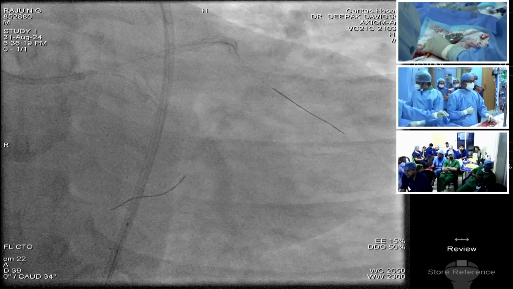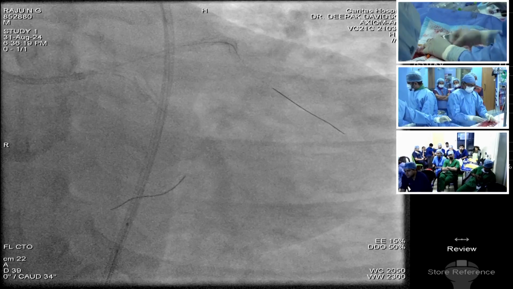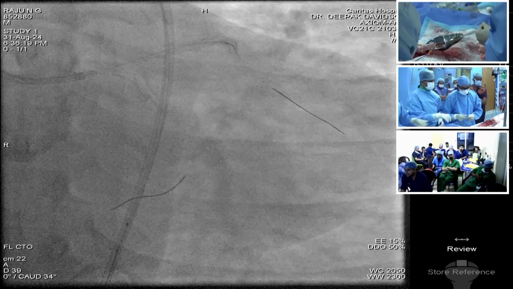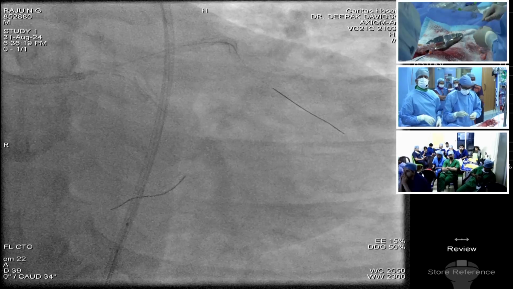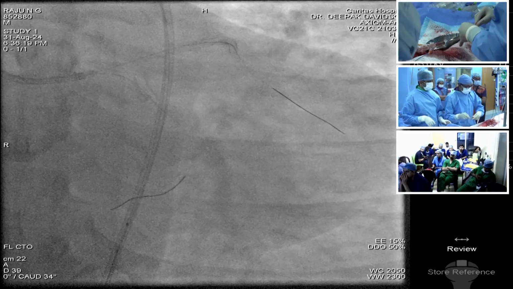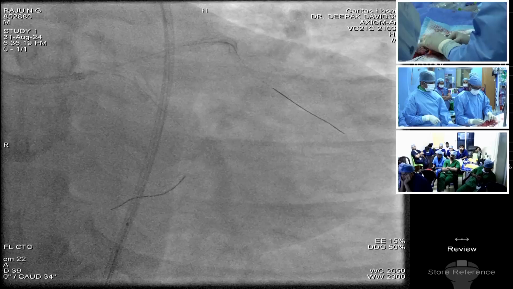And then a 3.5 to the LAD. 3.5 balloon to the LAD. And in case the 3.5 doesn't cross, get ready with a New York balloon. 14, 16.